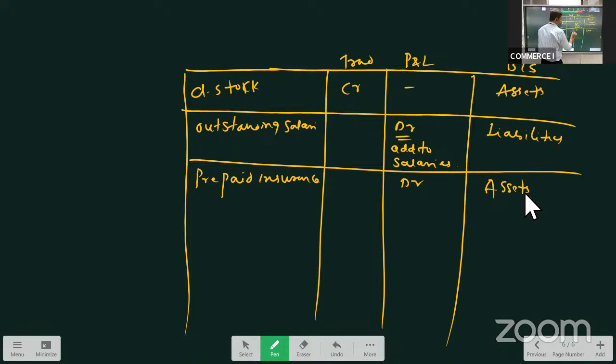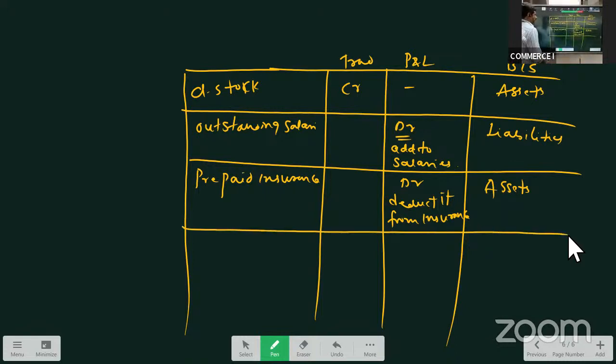In P&L debit side, what do we do? We deduct it from insurance. Next. Depreciation on fixed asset. Or let us say, for example, depreciation on machinery.